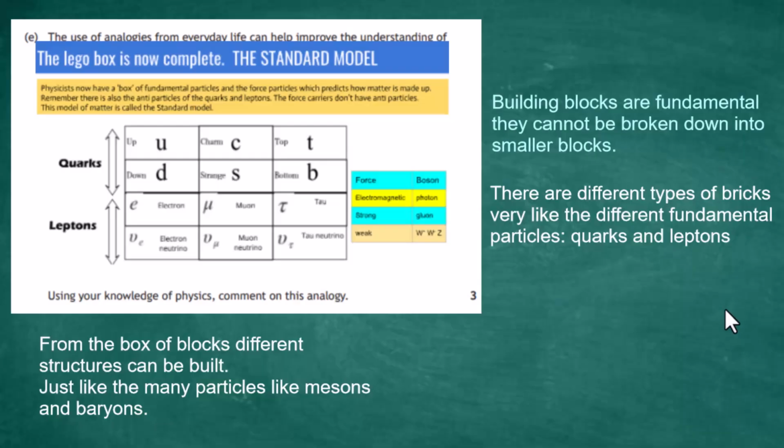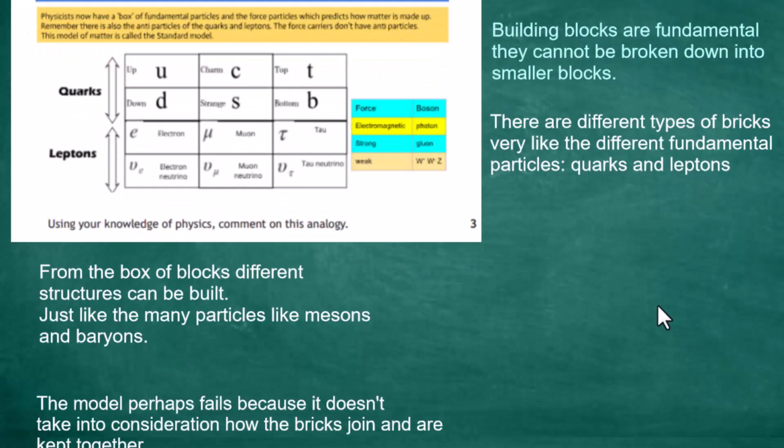They can't be broken down into smaller blocks. And there are different types of bricks, very much like the different fundamental particles, quarks and leptons. And from the box of blocks, different structures can be built, just the same as you can build different mesons and different baryons from the standard model. And you can mention what a meson is, quark and antiquark, and a baryon is made up of 3 quarks.